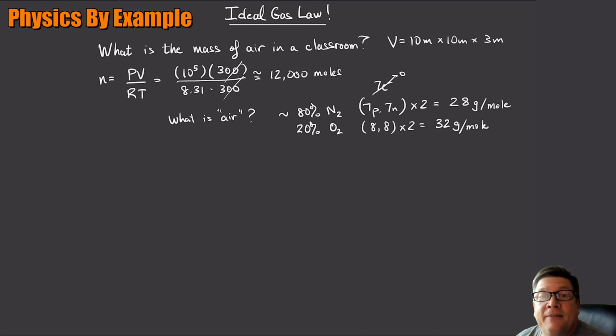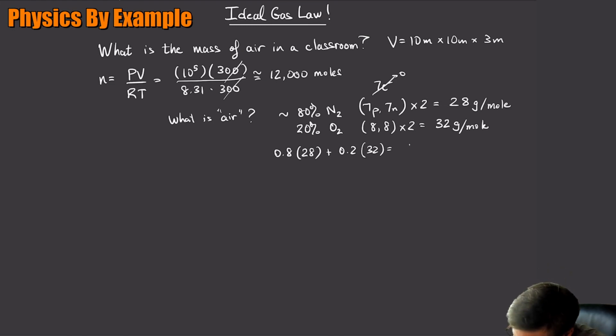Well, for air, all I have to do is take an average of those two, a weighted average. So 0.8 times 28 plus 0.2 times 32. What does that give me? I think I figured it out here: 28.8 grams.